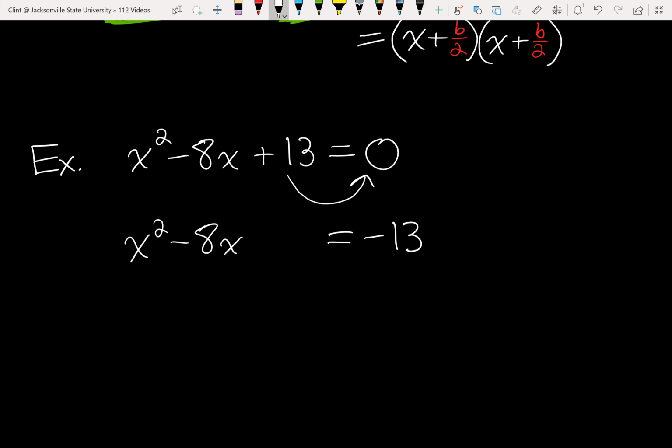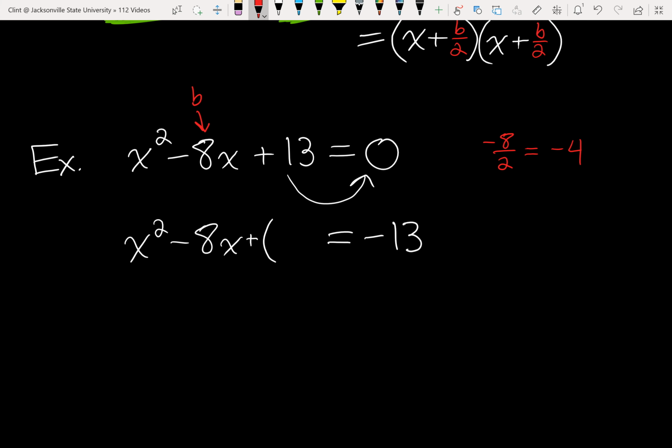Now I need to find that b over 2 number. Remember, this number in front of the x is b. So negative 8 is b. What we want to add is b over 2 squared. So negative 8 divided by 2, let me do that off to the side. So negative 8 by 2, so that would be b over 2.